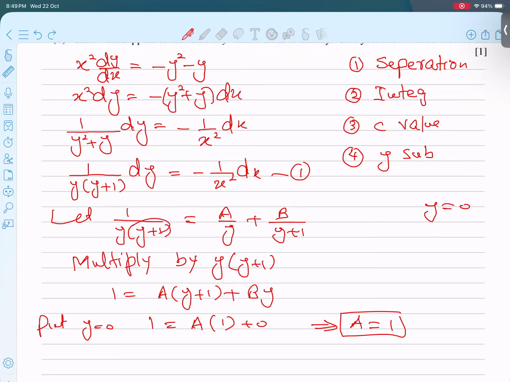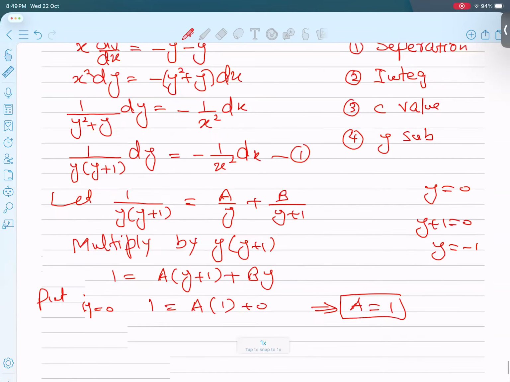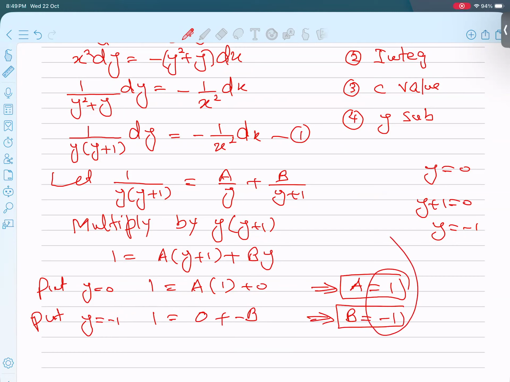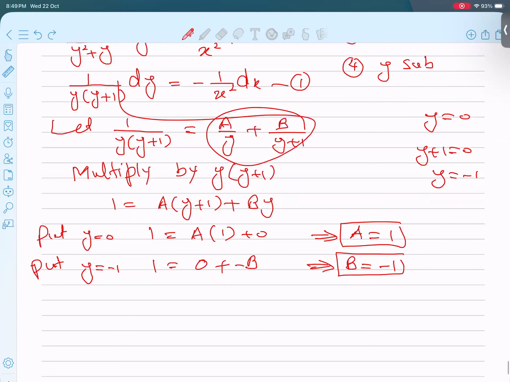Now I'm going to plug in y plus 1 equal to 0. So y is equal to minus 1. I replace every y in the whole equation by minus 1. Minus 1 plus 1 gives you 0, and I get a negative B. So the B value I'm getting here is negative 1. This is clear. I plug both values back into this fraction.